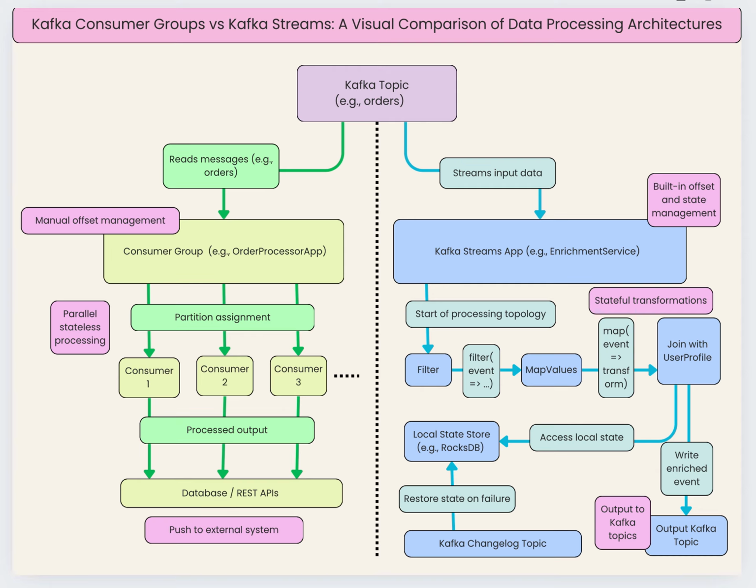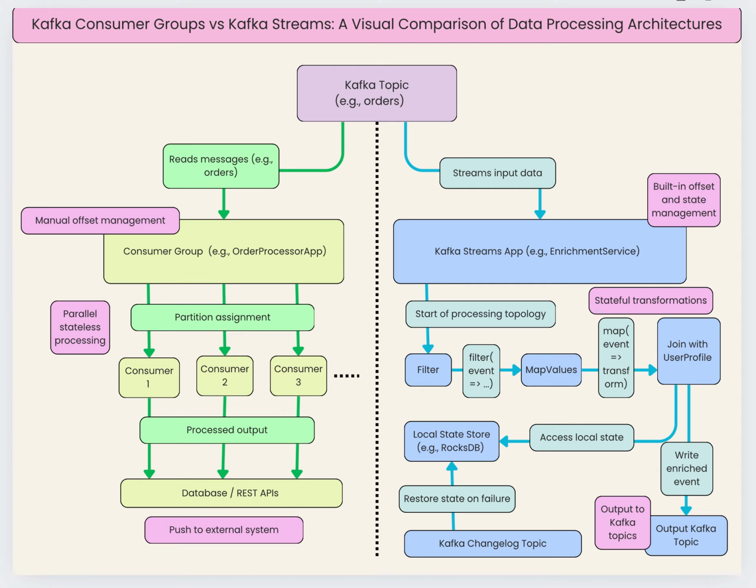Here are some common examples: reading Kafka events and inserting them into a PostgreSQL or MongoDB database, validating customer transactions and calling payment APIs, moving logs or metrics from Kafka into an analytics backend like Elasticsearch. These jobs are typically stateless, and all state, if any, is externalized into a database or cache.